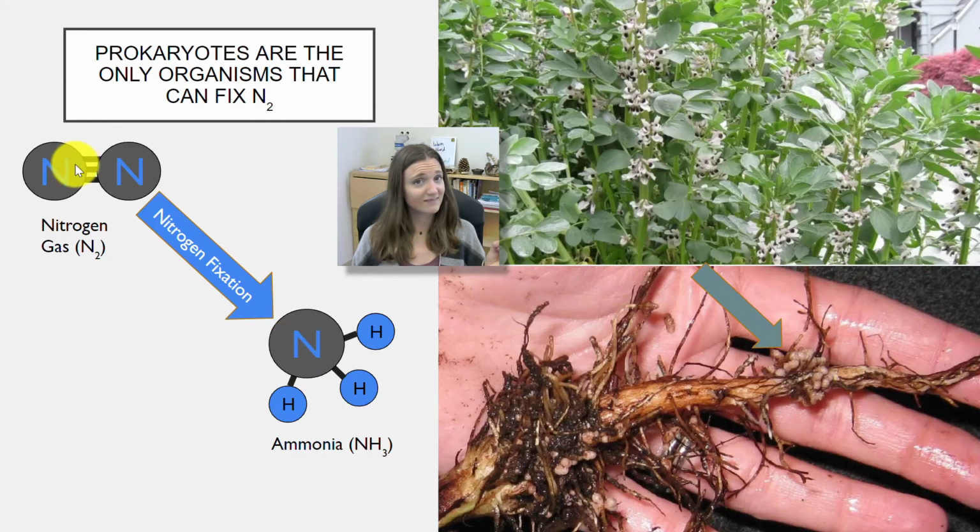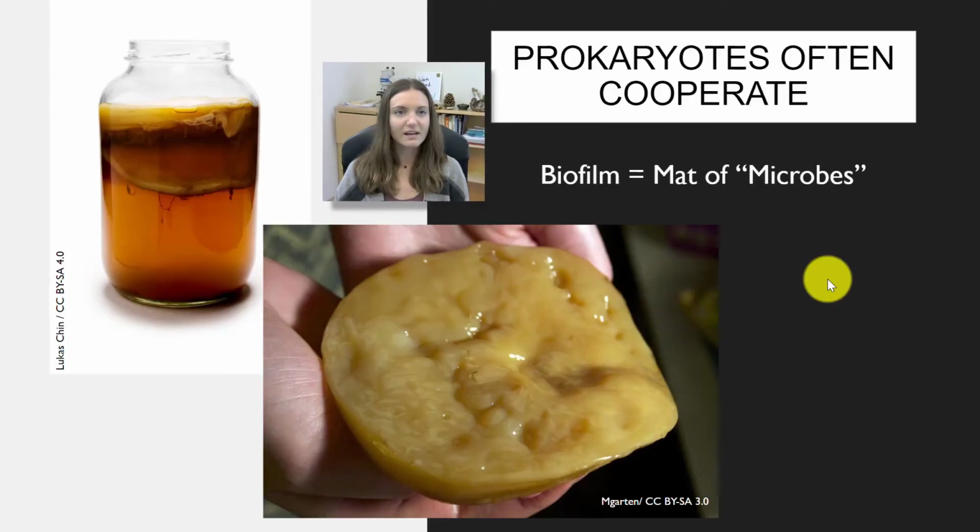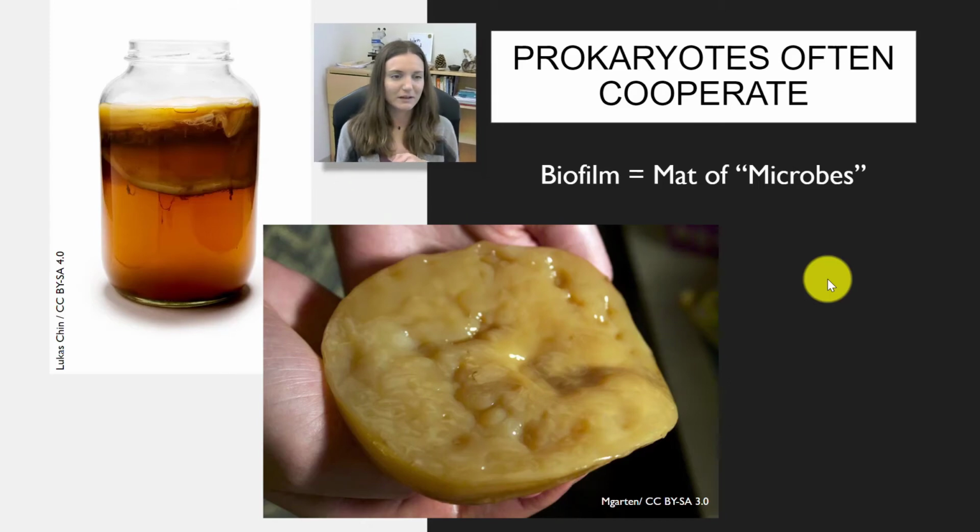Nitrogen gas is not accessible to living organisms. Ammonia, some organisms can do this. But really only prokaryotes are the most common organism that can break up that nitrogen gas into ammonia and fix that nitrogen.